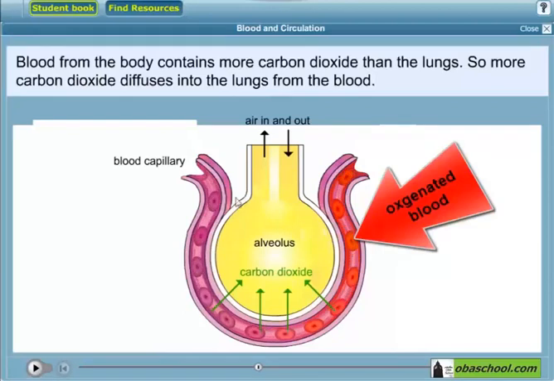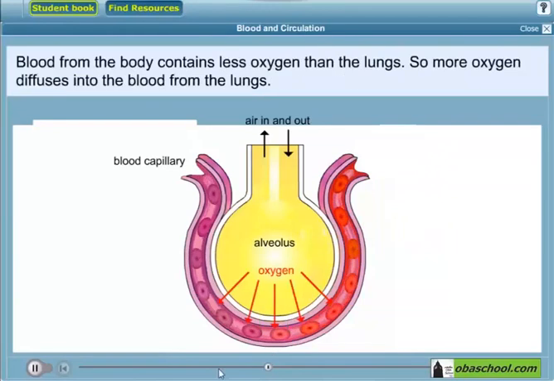It went from deoxygenated to oxygenated at the level of the capillaries because of diffusion. So oxygen entered from the alveolus into the blood, and carbon dioxide entered from the blood into the alveolus. We went from deoxygenated blood to oxygenated blood, and we are at the level of the capillaries surrounding the lungs.